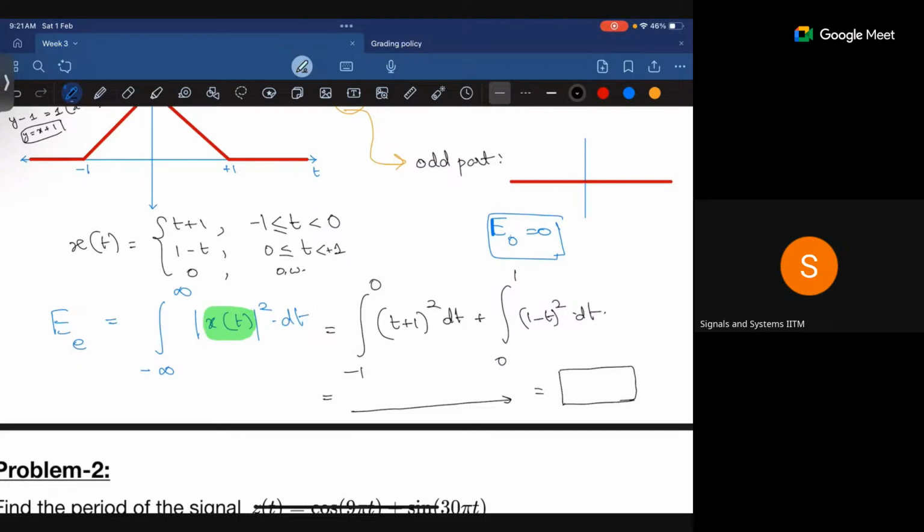Solve this quickly and we can move to the next problem. You just have to integrate.